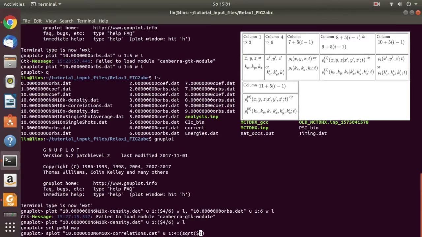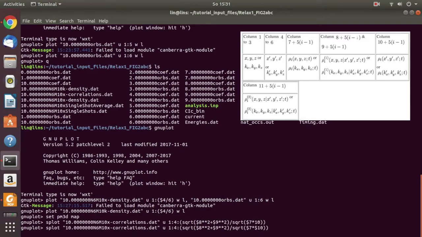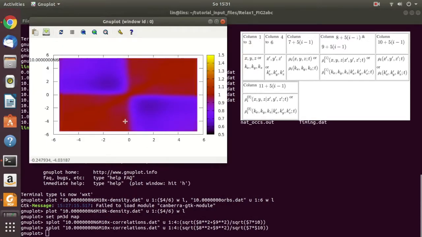It is given by the real part and imaginary part of the reduced density matrix, divided by the square root of the product of the densities. So this is the one-body correlation function.